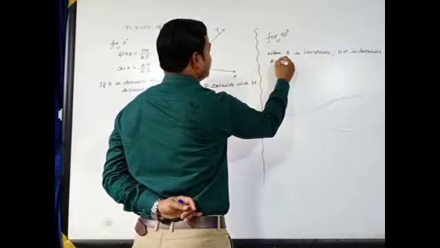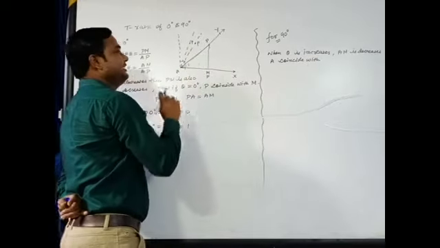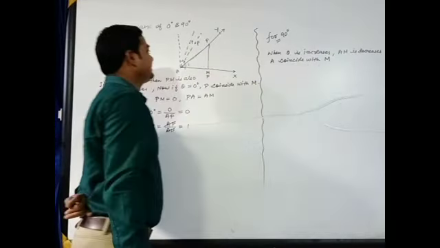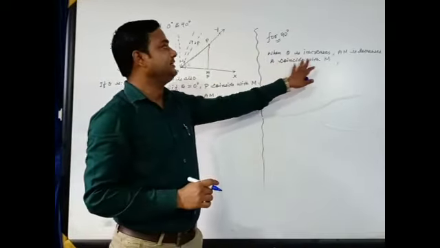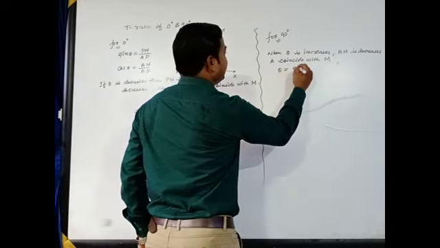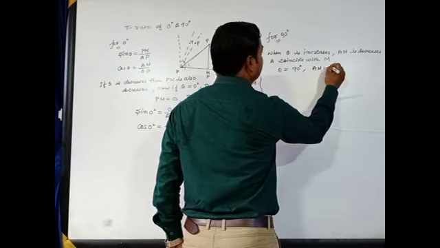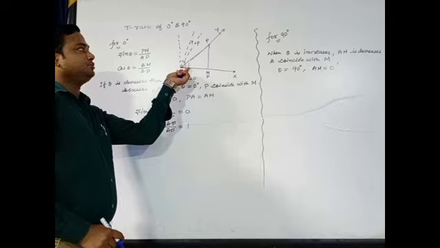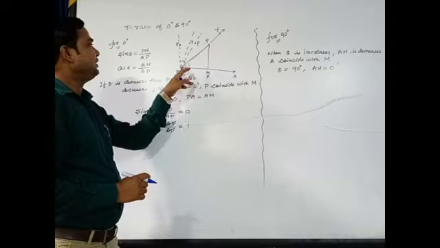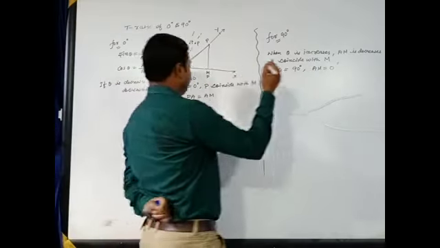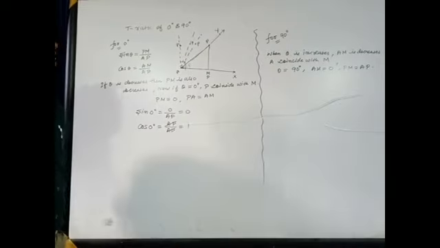It means A coincides with M. When theta equal to 90 degree, the value of AM equal to 0. Now this P is here, it means PM equal to AP.